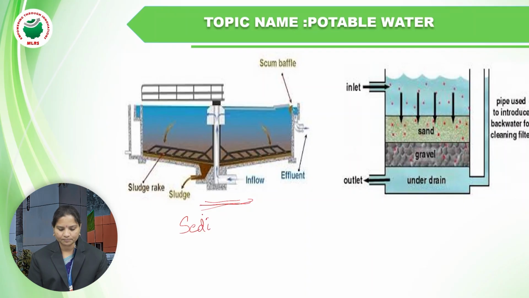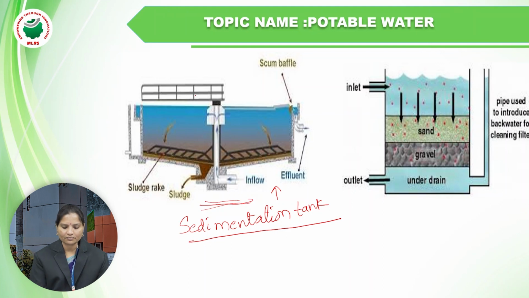This is the sedimentation tank, which consists of paddle stirrers. The basic principle involved in the sedimentation process is slow velocity.